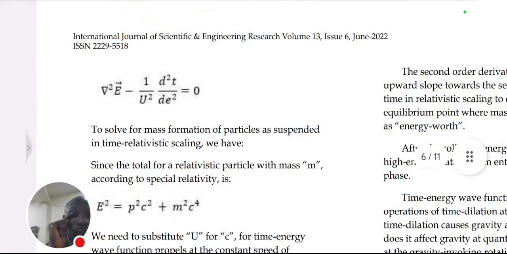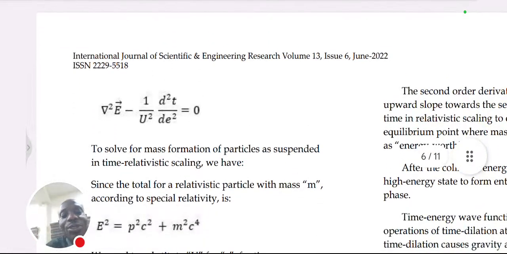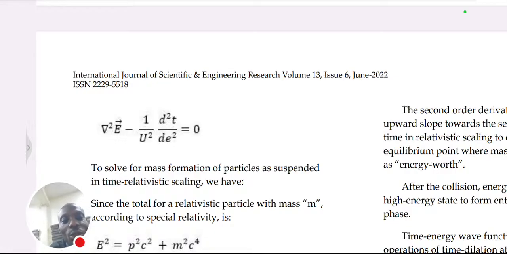So now, for us to integrate relativistic mass worth, we need to equate everything to zero. So now we have the del energy vector, the inverse trajectory of time to energy momentum at the scale of the constant speed of the universe. So that is equal to zero.